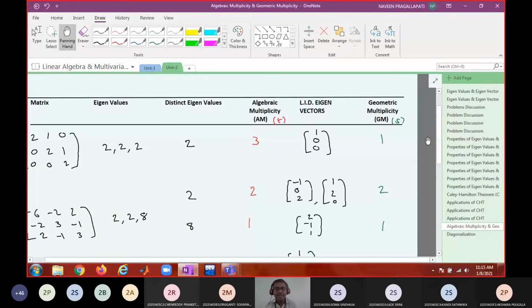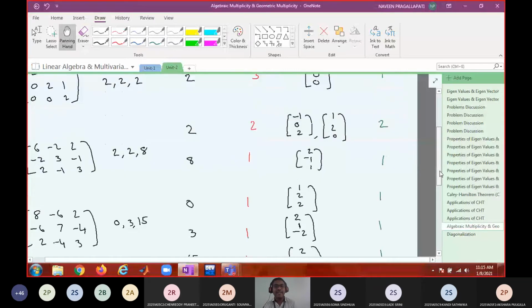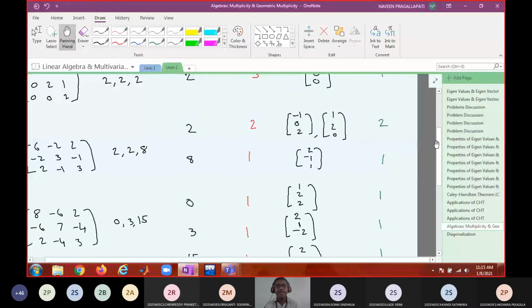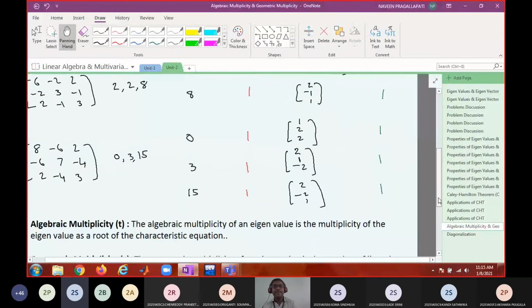What was your comment for the first matrix? Is it diagonalizable? It is not diagonalizable. The first matrix is not diagonalizable because it is having only one independent eigenvector. For the second and third matrices, your comment must be that the matrix is diagonalizable.